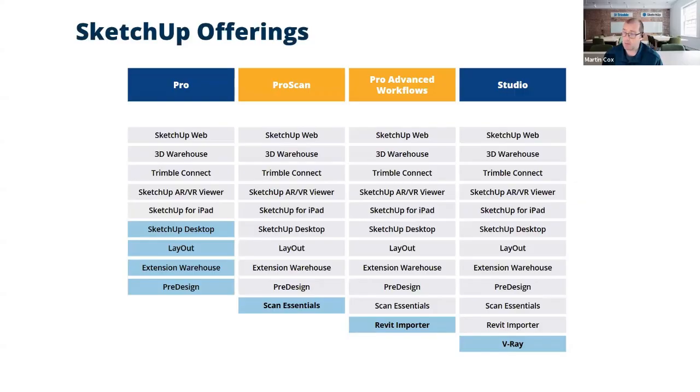We have SketchUp Layout, the Extension Warehouse, but we can go all the way up to SketchUp Studio, which has all of those tools, but also other tools like Scan Essentials, the Revit importer, V-Ray rendering. And SketchUp 2026 came out late last year. So if you have the SketchUp subscription, you can have the latest version of SketchUp.